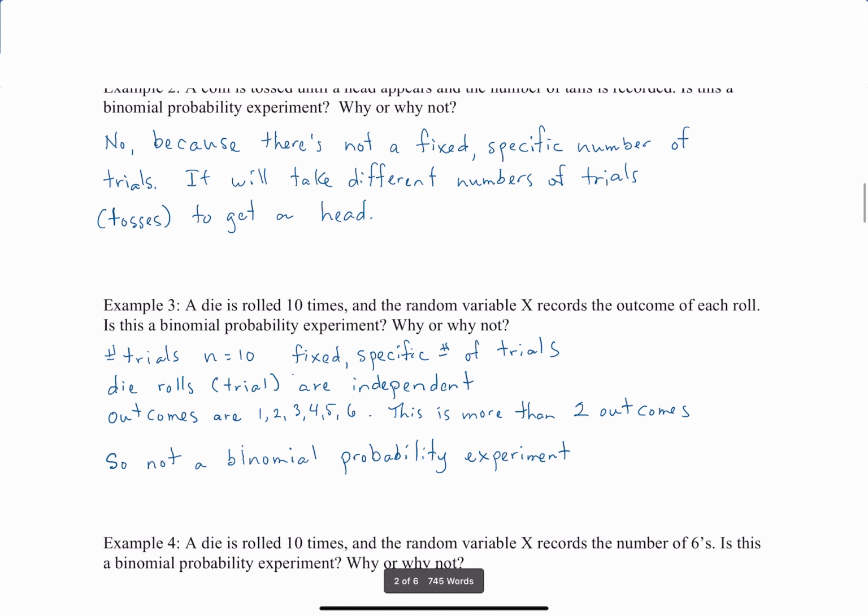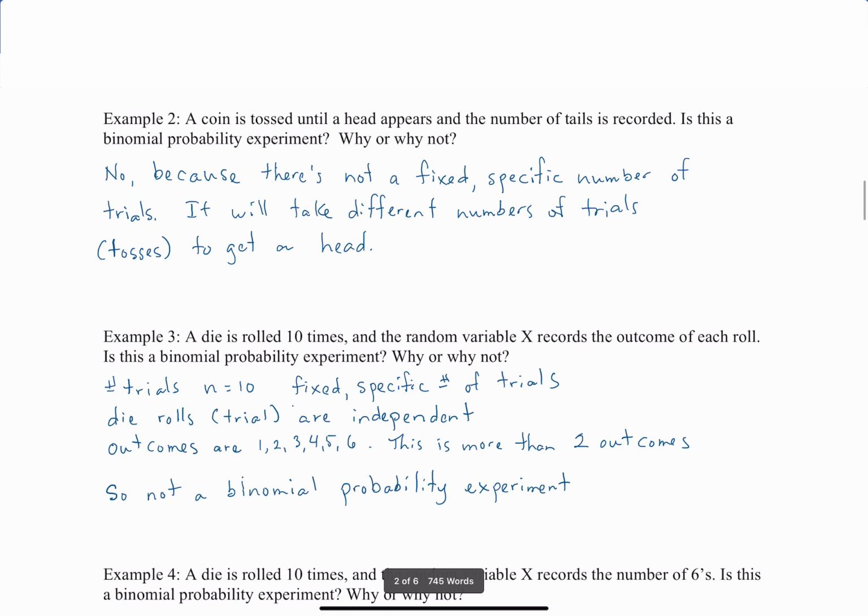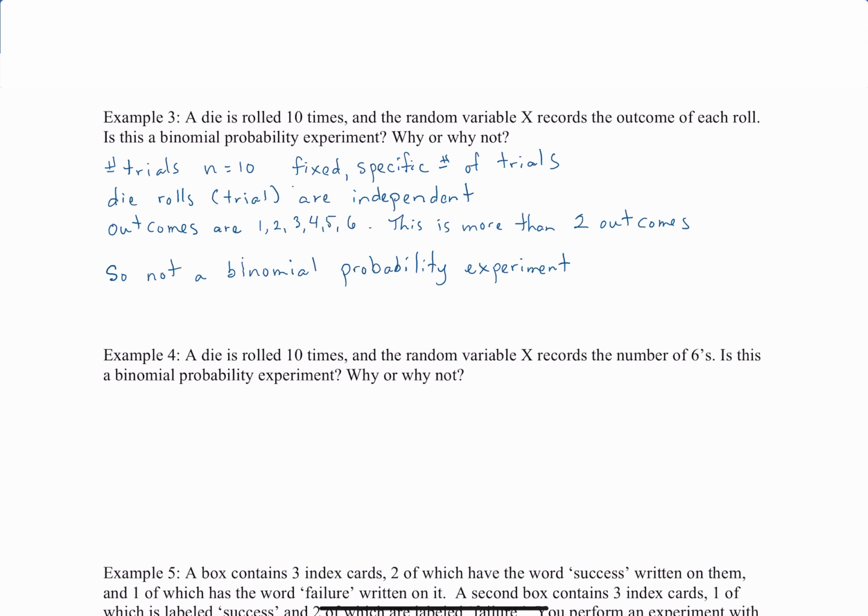The next example is sort of similar. Again, we have a die that's rolled 10 times, but this time the random variable x records the number of 6s. Is this a binomial probability experiment? Well, let's see. Again, the number of trials is clearly stated to be n equals 10.